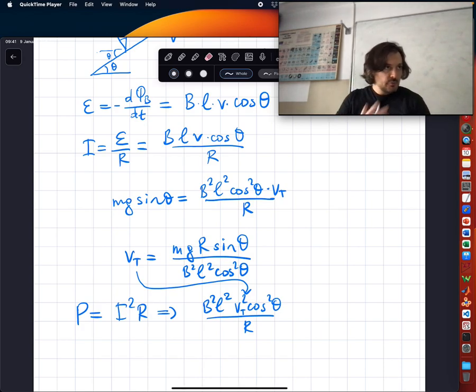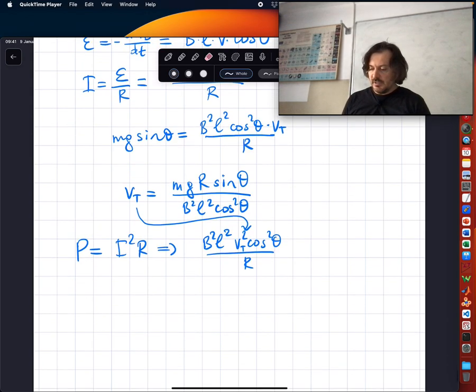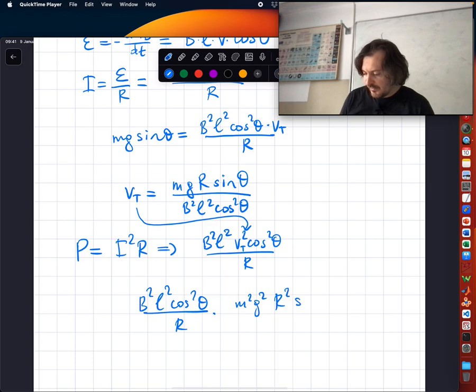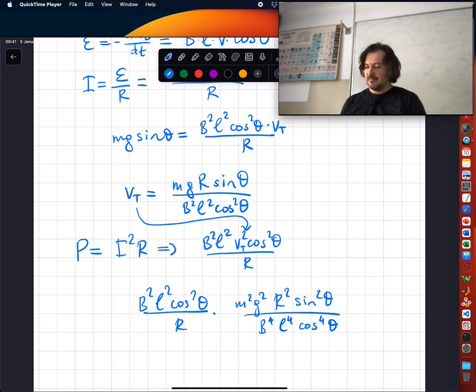Good, no problem. But we need to put in Vt squared, and it's just some expression like B squared L squared cosine squared theta over R times m squared g squared R squared sine squared theta over... Is this correct?